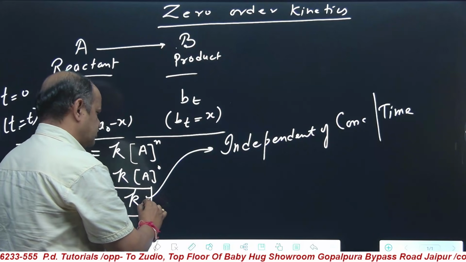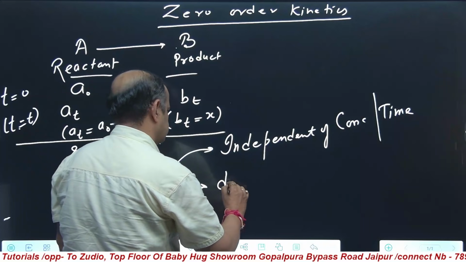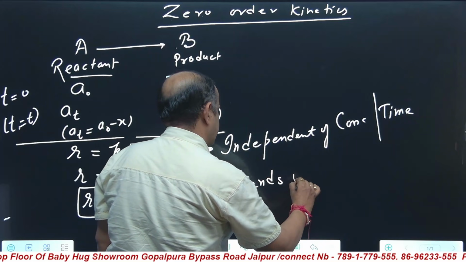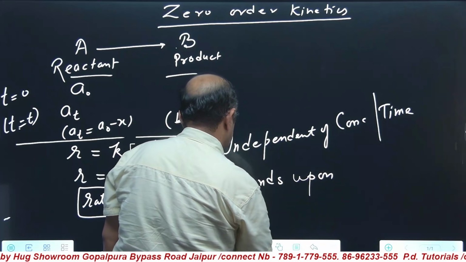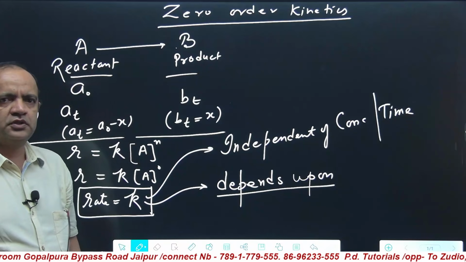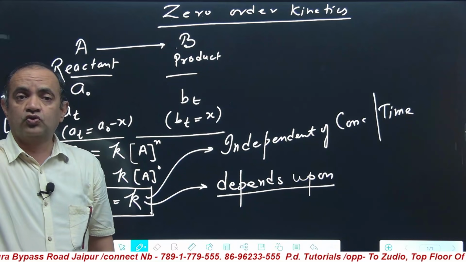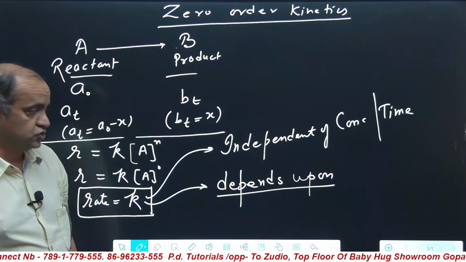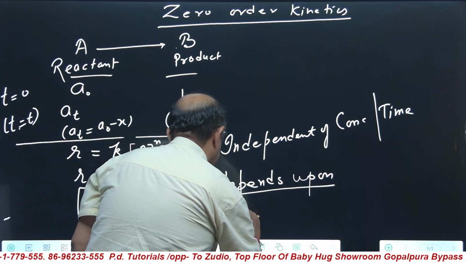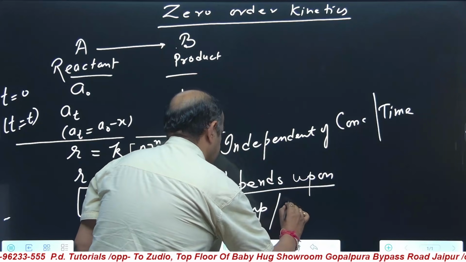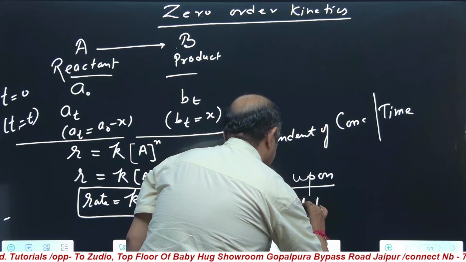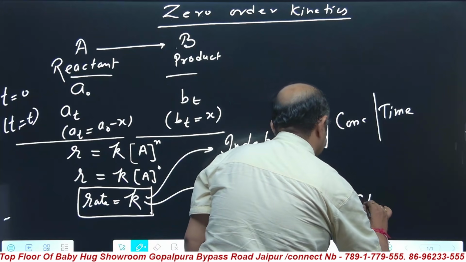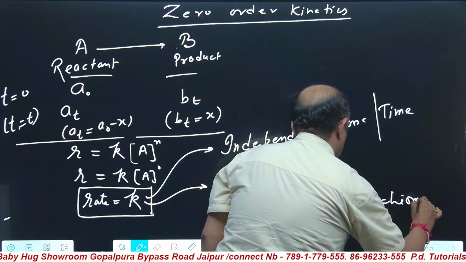So on what factors does it depend? Yes Garvit, will you please tell me? It depends upon the Arrhenius theory factors: temperature, catalyst and stoichiometry.